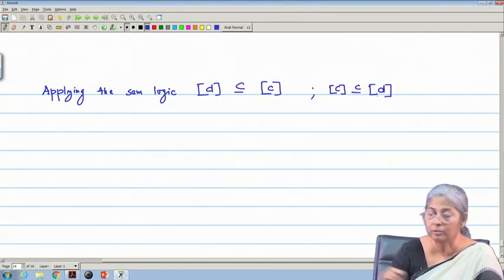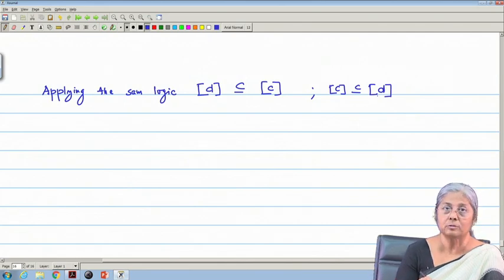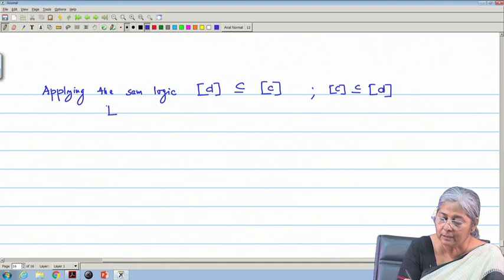So, from the property of subsets of a set, we must tell that [C] equals [D].